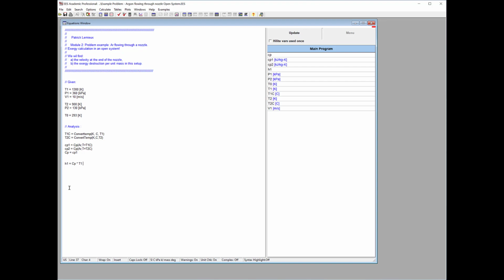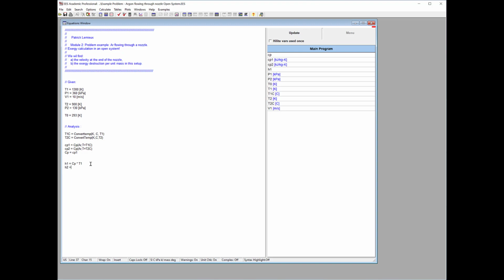Always use an absolute scale when you're doing a multiplication or a division manipulation of temperature. Must be an absolute scale. It makes no sense to multiply with the Celsius value here. So this guy's got to be in Kelvin, and my T1's in Kelvin, so I'm good.